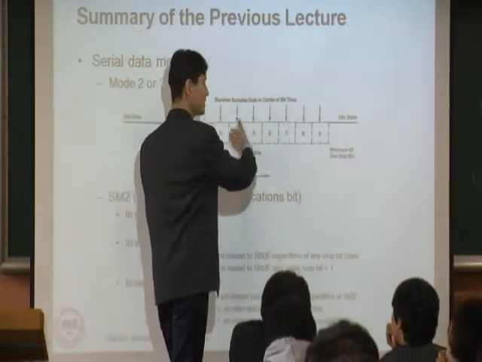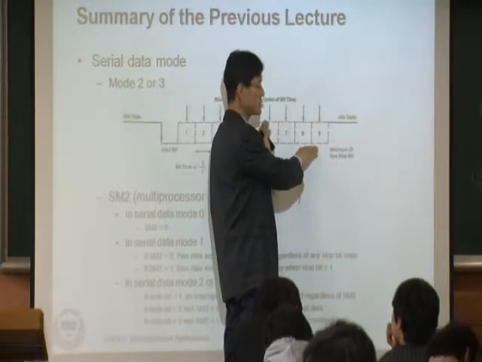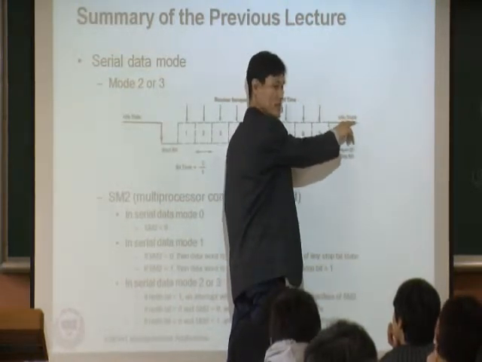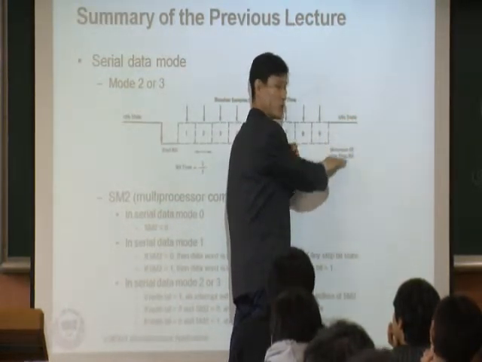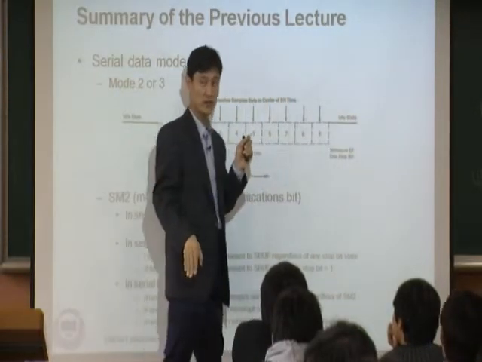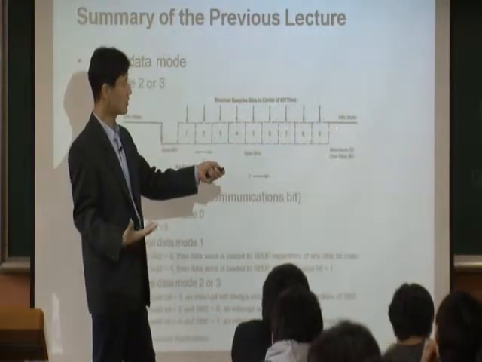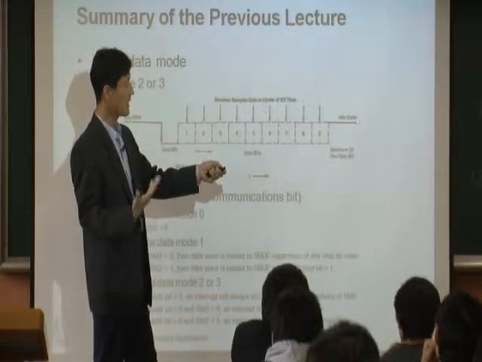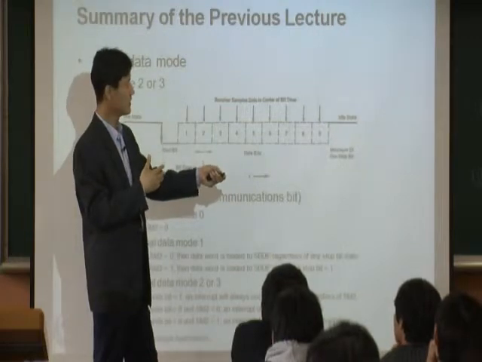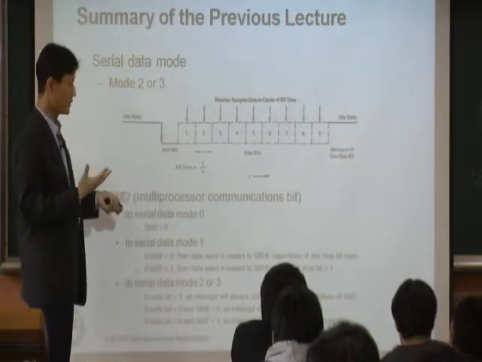We're already done with the transmission of 8 bits, so it's time to go back to the idle state. Therefore, the stop bit always goes back up to 1, the 5 volts. Let's call this high. So the stop bit means high, and a start bit means low, always.